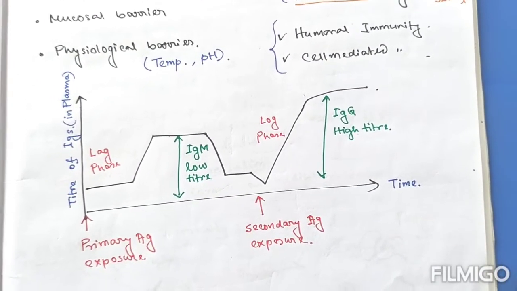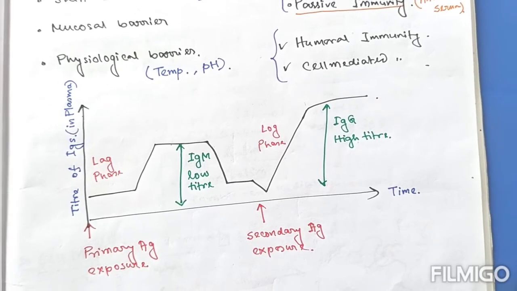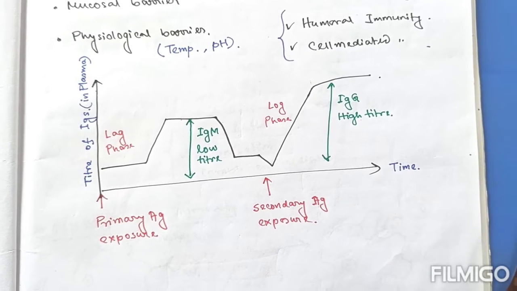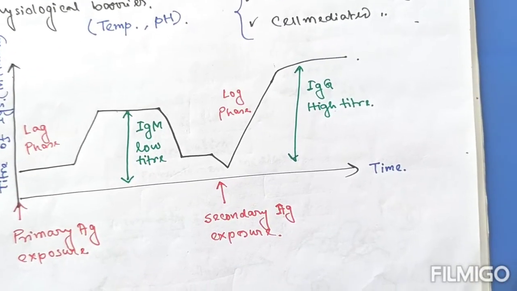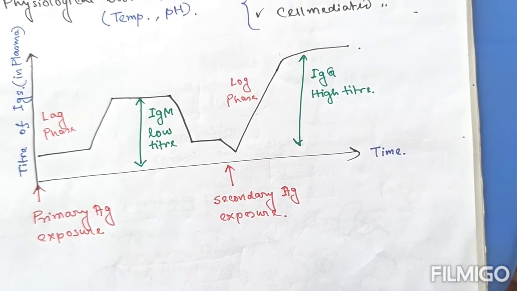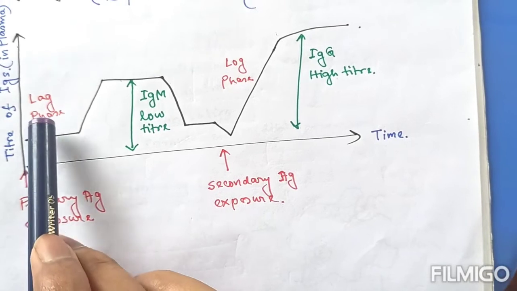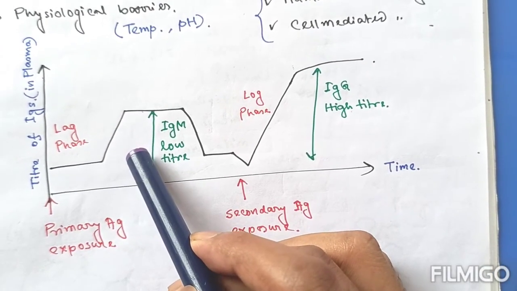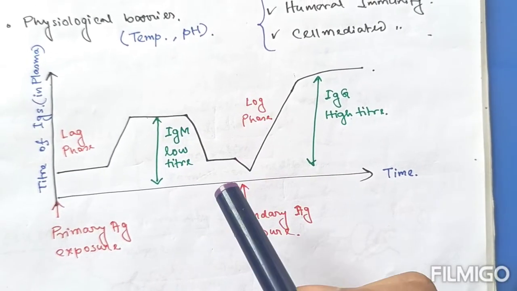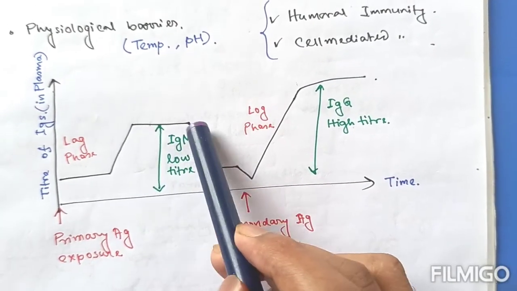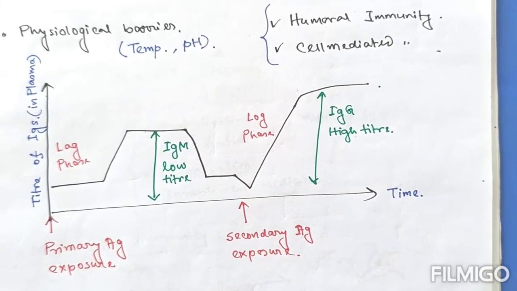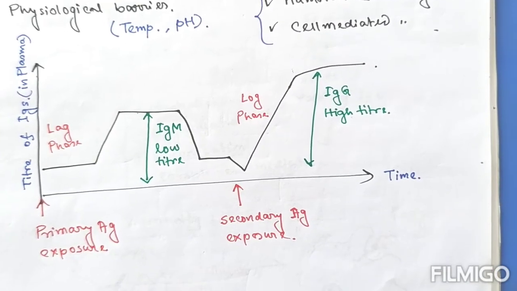Next, this is the primary and secondary antigen exposure with respect to our immune response. So in the primary immune response, when the antigenic exposure occurs for the first time, there is a lag phase followed by effector cells formation, and then the memory cell formation, and after a certain time there is an antibody surge, and this type of antibody is mainly IgM type.